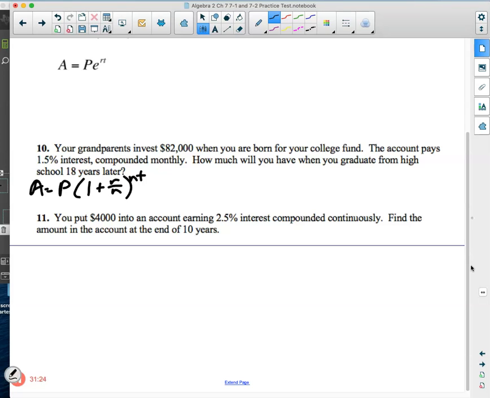All right, so let's see what we know. We know they put $82,000 in. We know the interest rate, so 1 plus, now here's where you have to be really careful. What will we put in for 1.5? Good, 0.015.